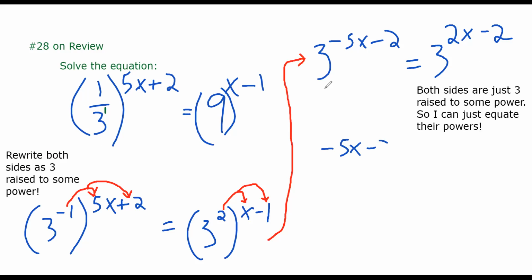Negative 5x minus 2 equals 2x minus 2. And now, let me see. Let me look at something closely here. Did I make a mistake somewhere?